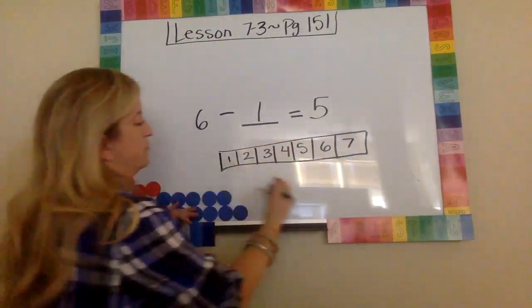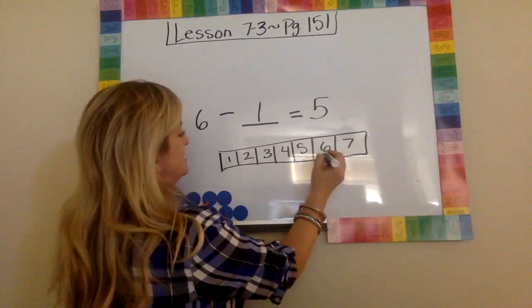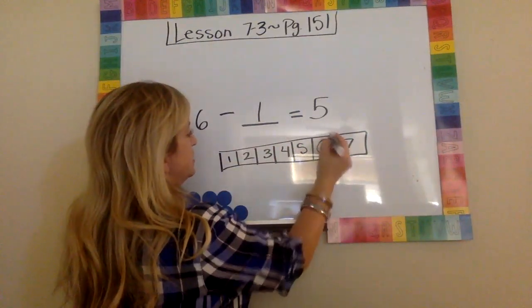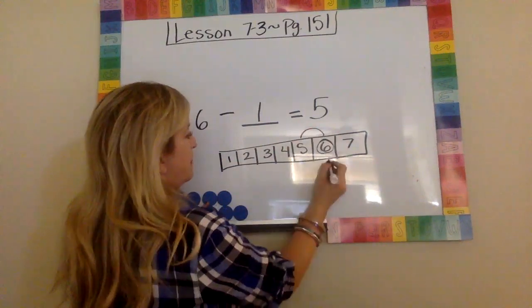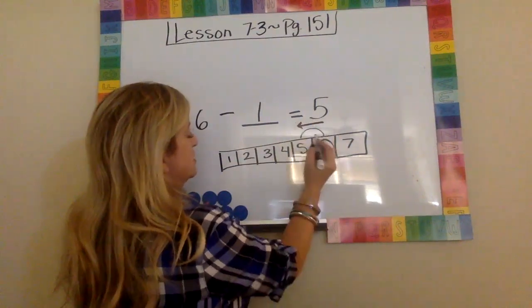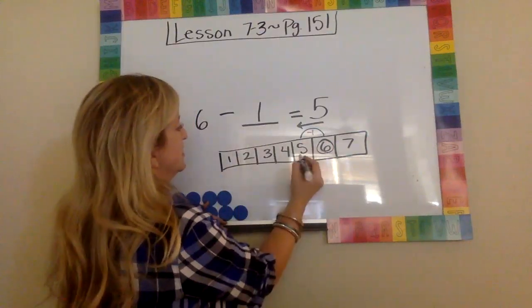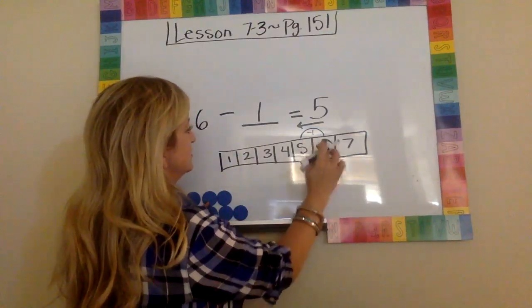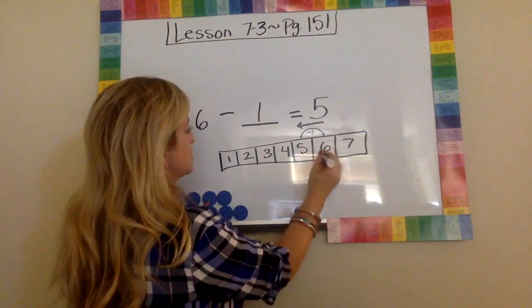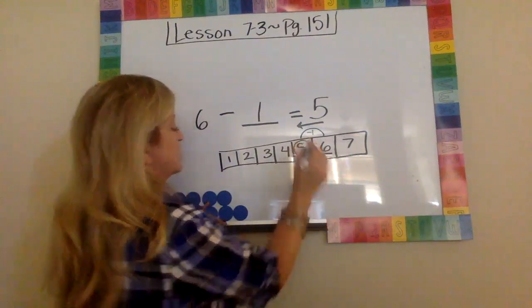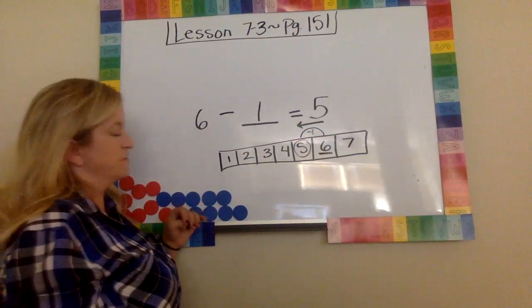Okay, so here I start out at 6. I am going to jump this way and I'm going to subtract 1. 6 minus 1. I did this wrong, starting at 6. I'm going to subtract, I'm going to stop at 5.